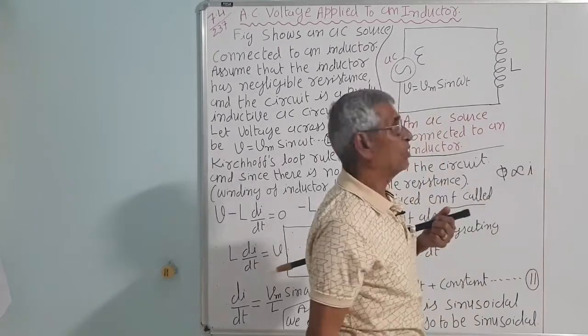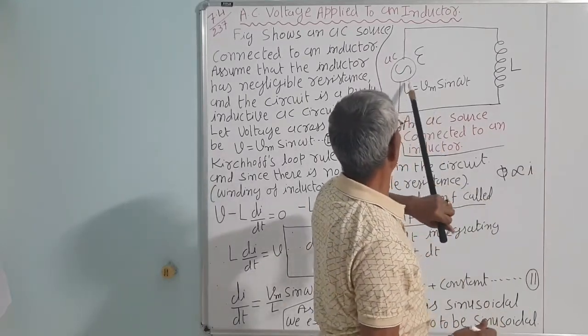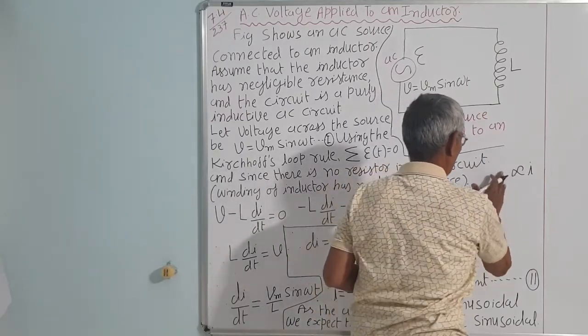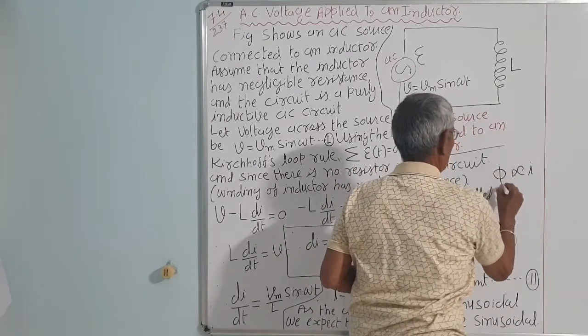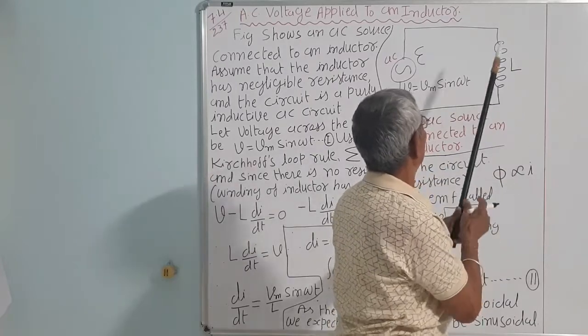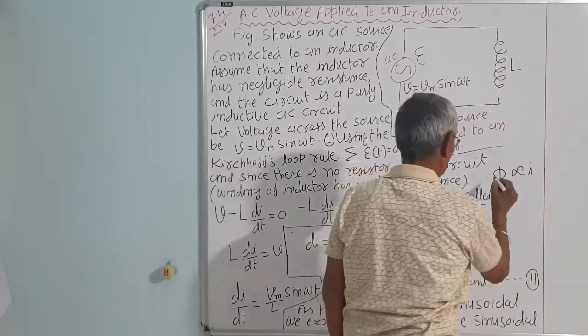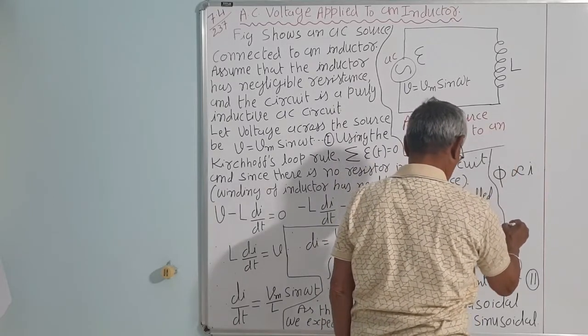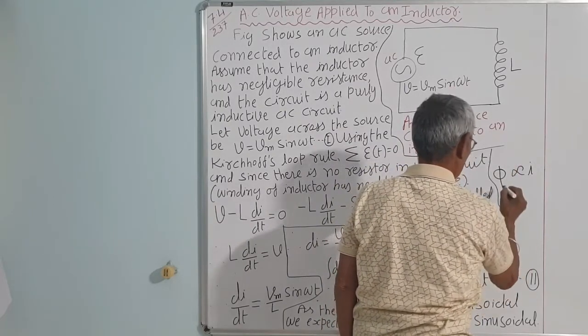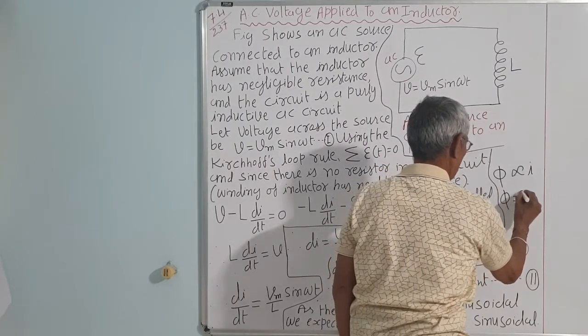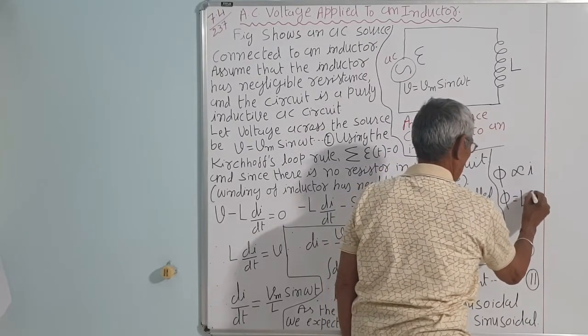Current I is flowing in the circuit. When voltage is applied, the current flows through the inductor, so flux will be produced in the inductor itself. So phi is equal to some constant, called the self-inductance of the inductor.